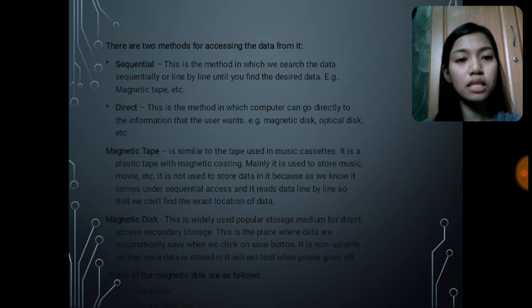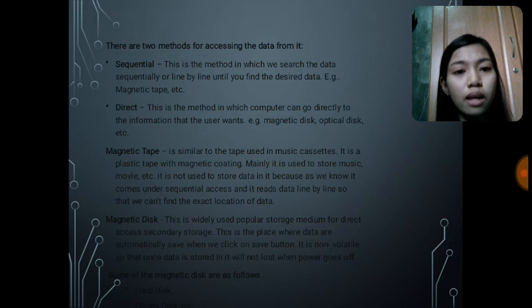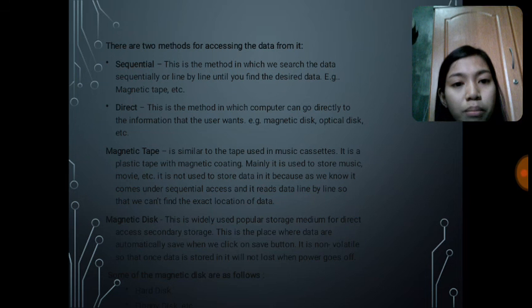Magnetic disk. This is a widely used, popular storage medium for direct access secondary storage. This is the place where data is automatically saved when we click on the Save button. Some of the magnetic disks are as follows: the hard disk and the floppy disk.